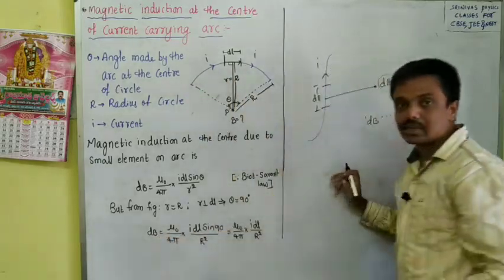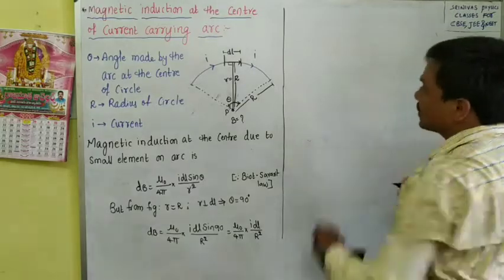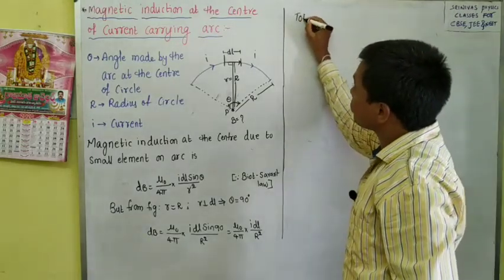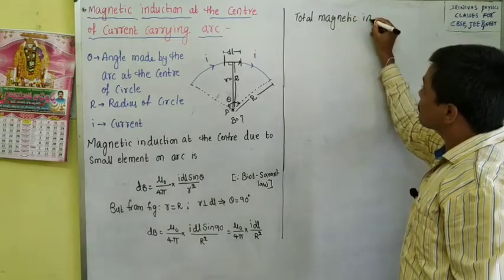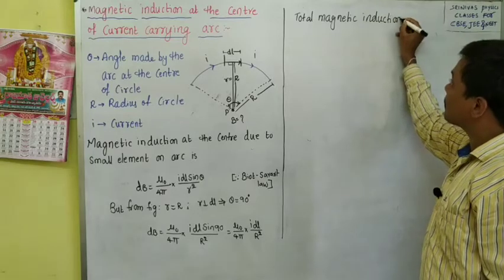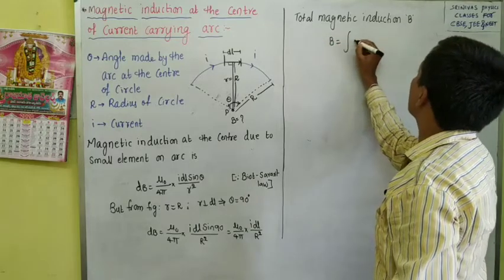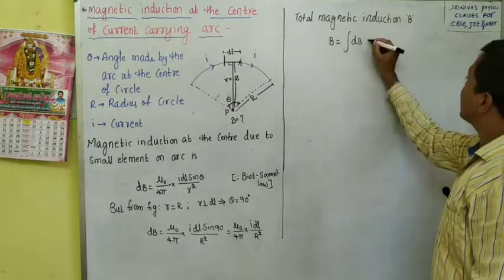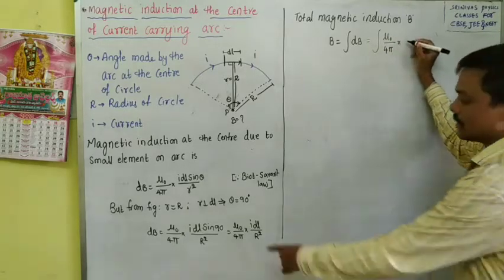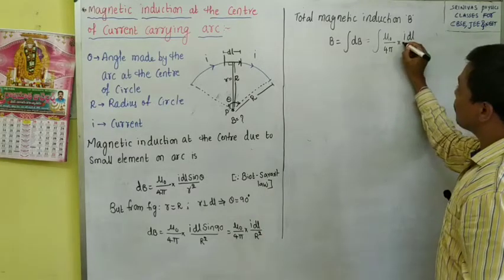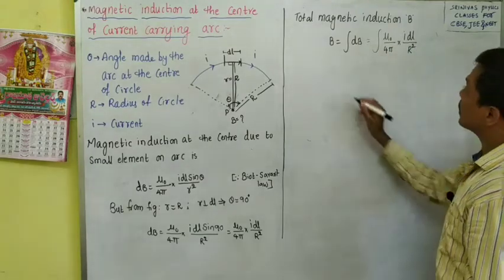The total magnetic induction B is equal to the integration of dB. We substitute dB, which is mu naught by 4 pi into I dl by capital R square, and write the constants outside.